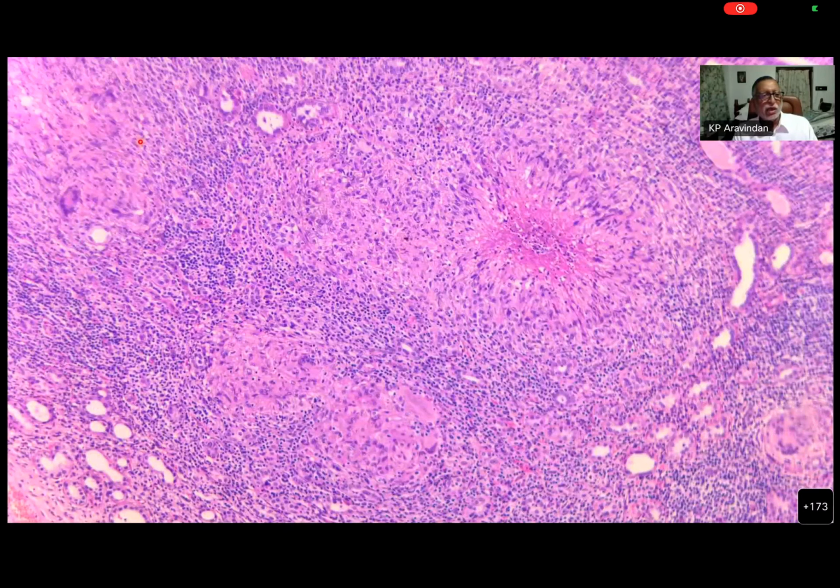They are undoubtedly granulomas, and many of these granulomas have something in the center. Necrotizing granulomas, a better term. And this is neutrophilic.